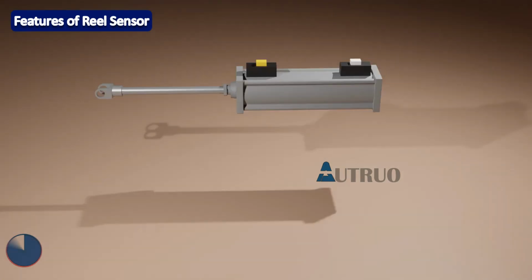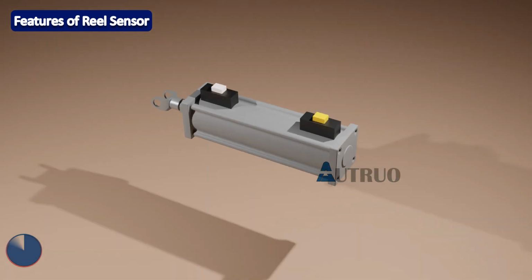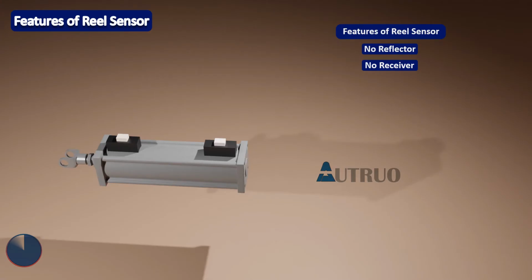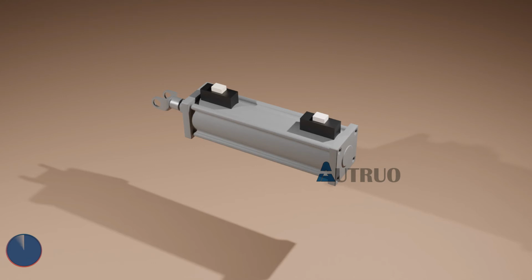Instead, it will sense the tracked object when it comes close. Another known feature is that it occupies less space because the sensor can be directly mounted on the surface of the tracking medium.